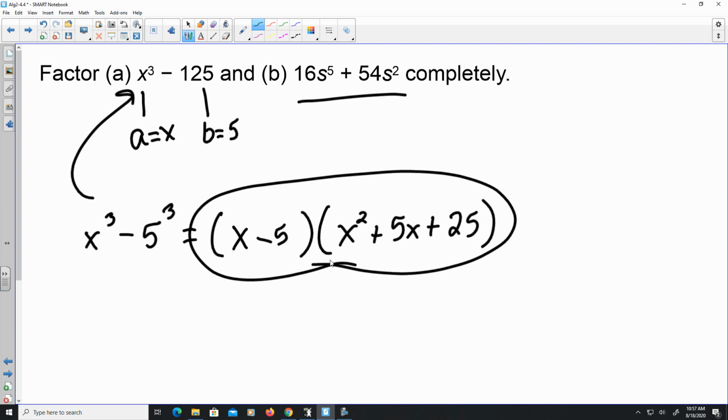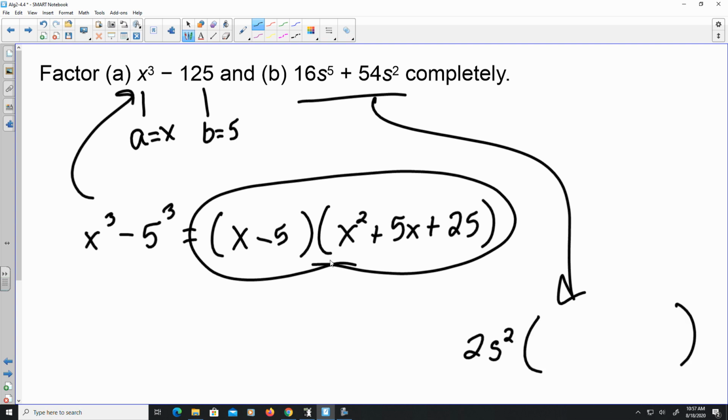I know they're both divisible by 2, so now I can say 2, and they share a common variable s, so that will be 2s squared. And what's left over is going to be 8s to the third plus 27.